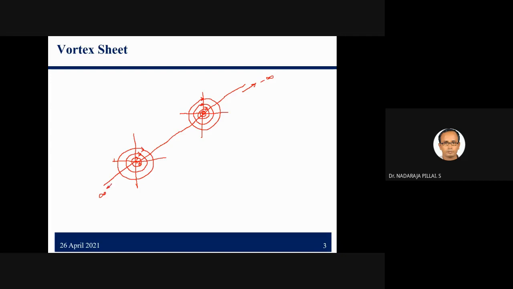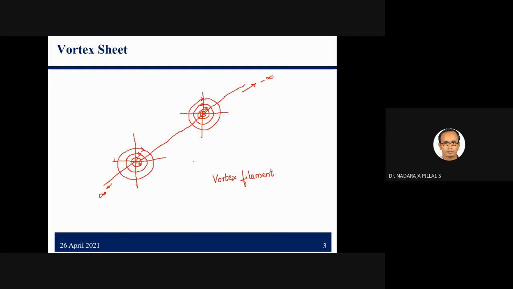So this is the filament, this is actually the vortex filament.